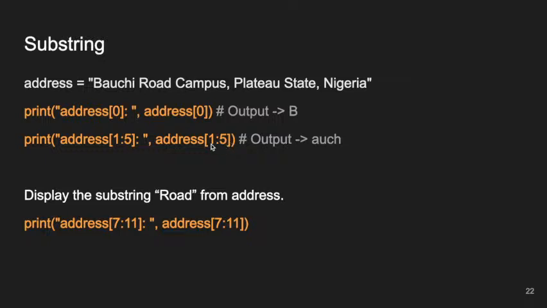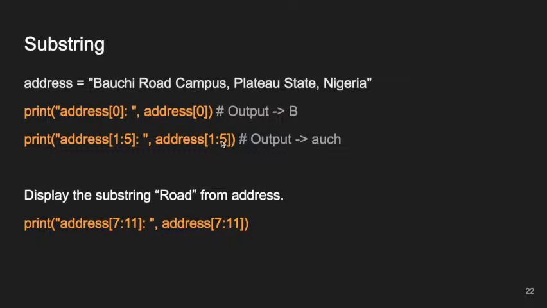If you remember, 1 here is the starting index, and just like your list, your string also starts from 0. So 0, and then 1, that means 1 here is A. Then we have 2, 3, 4, but it does not print what is in 5.